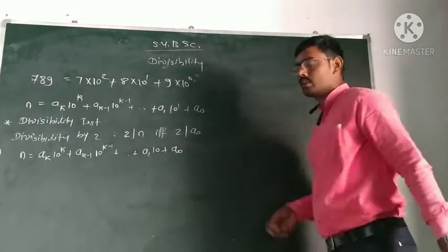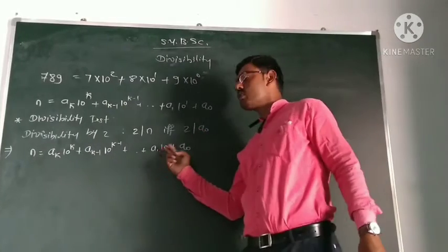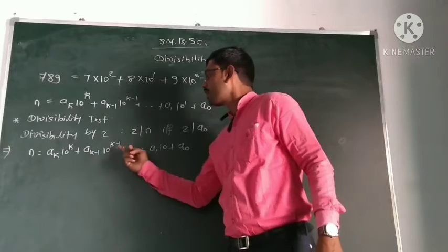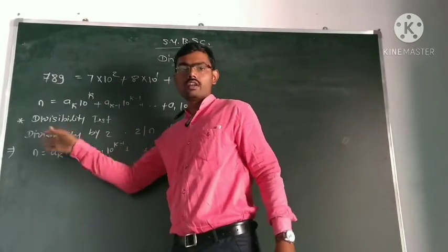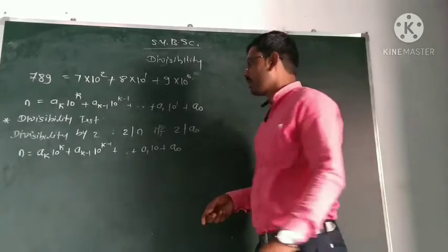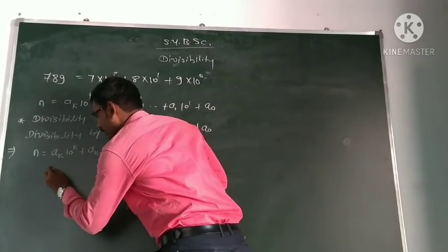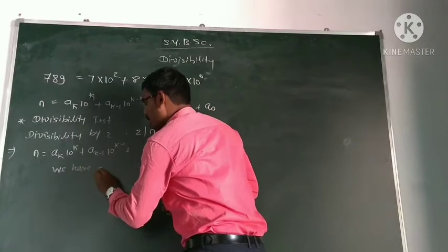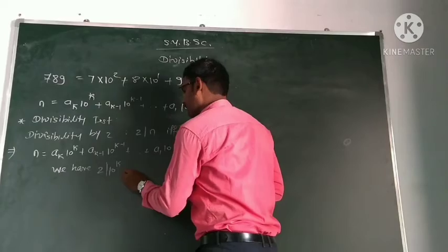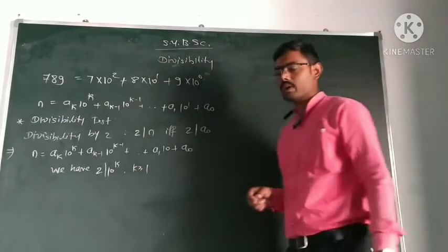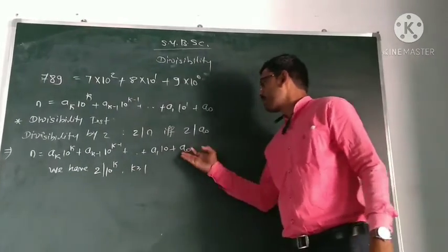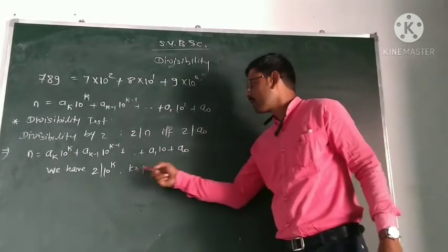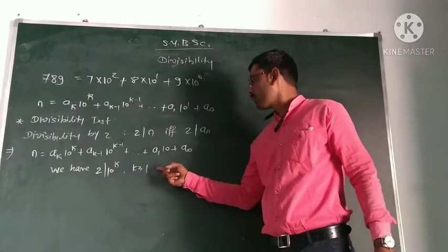Now see, 10 is divisible by 2, then 10 square, 100, is also divisible by 2, 10 to the power 3, 10 to the power 4, each number is divisible by 2. We have 2 always divides 10 to the power k for k greater than or equal to 1. But the only problem is the last term, a naught into 10 to the power 0, which means 1, so there is no power of 10 for k greater than or equal to 1.